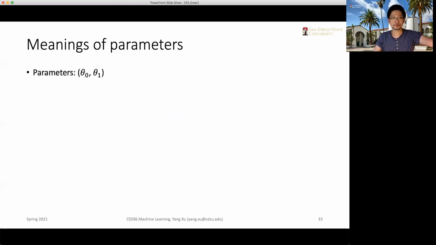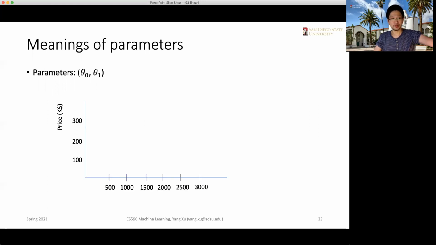Okay? And if we look closer at the meanings of the parameters, we will find that they also carry significant statistical meanings. Like if theta1 is 0, which is unlikely to happen, it means that the house price will not change no matter how the size of your house changes, right?